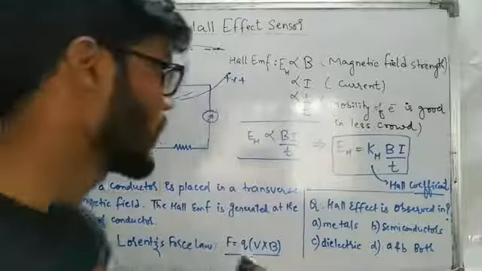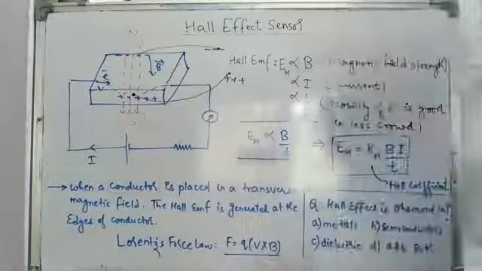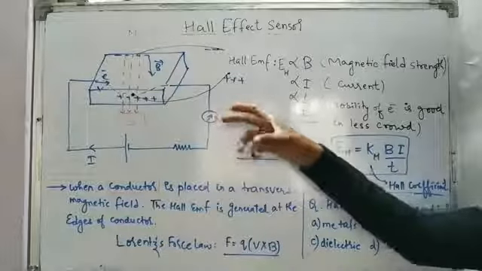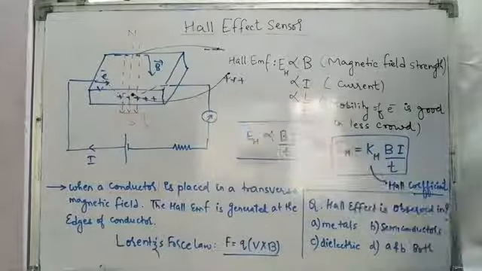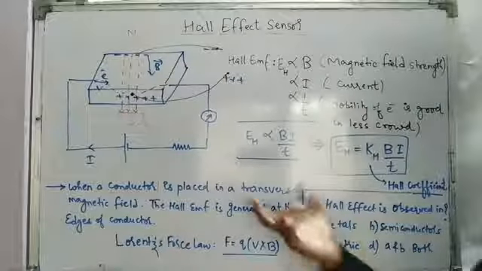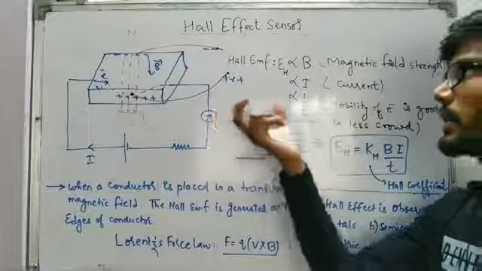So by doing the force calculation as q into v cross B, we are going to have an accumulation of charges on the opposite faces at 90 degrees. That's what we are going to call the Hall EMF.